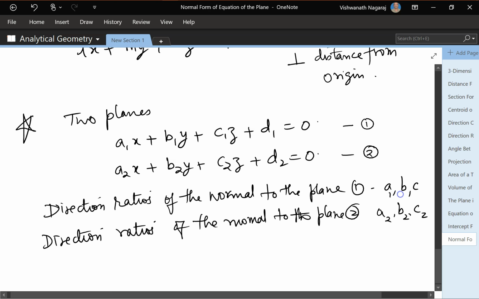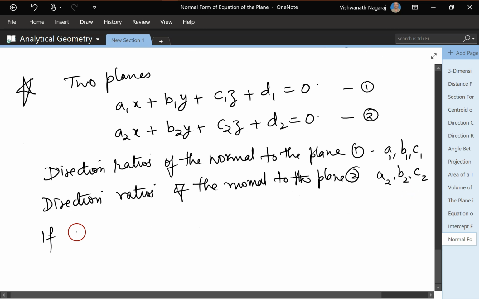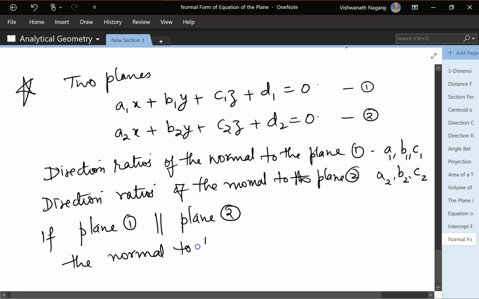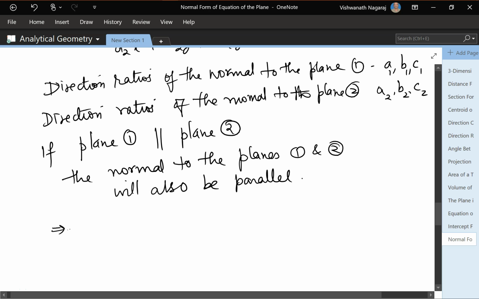Now if plane 1 is parallel to plane 2, it is understood that the normals to planes 1 and 2 will also be parallel. That means a1, b1 and c1 are proportional to a2, b2 and c2 respectively.